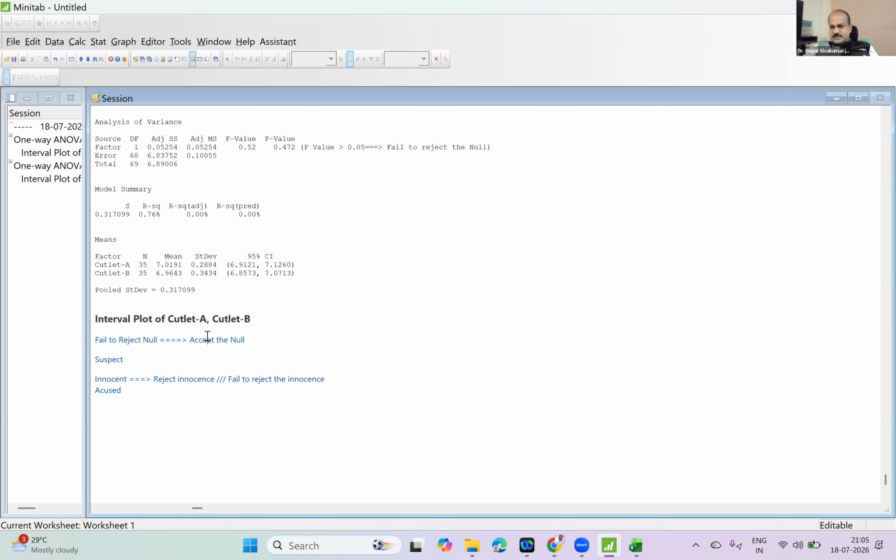Many pieces of evidence were produced, but none of them is convincing. Now the judge will continue calling the suspect innocent only. In statistics, there are only two possibilities: either you reject null or you fail to reject null. Fail to reject null practically means you just continue with the innocence.